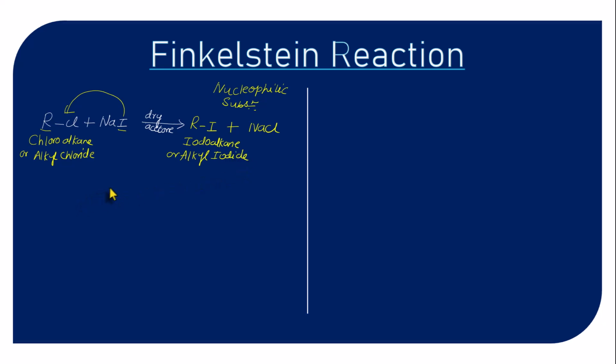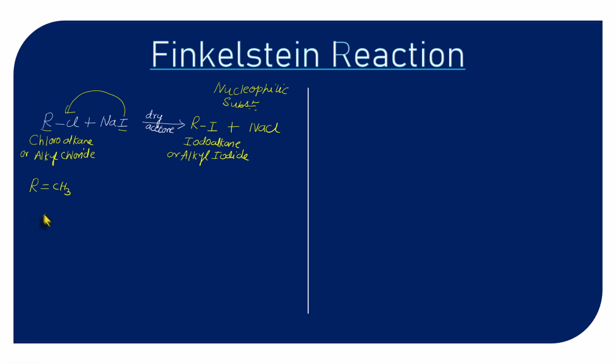Alkyl iodide. Now, for understanding with a suitable example, let us replace R with a methyl group in the first case and write the reaction equation. So now CH3Cl reacts with sodium iodide in presence of dry acetone.